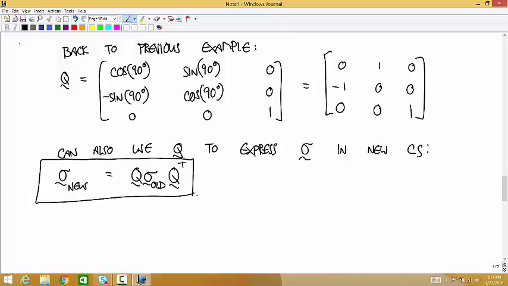And your calculator will do that calculation for you. You just have to fill in the rotation matrix, and then it'll do the transpose and do all the multiplications for you. So it's fast and easy.